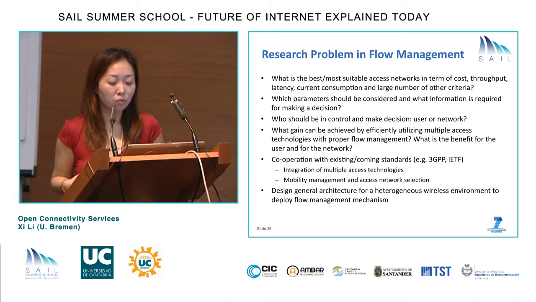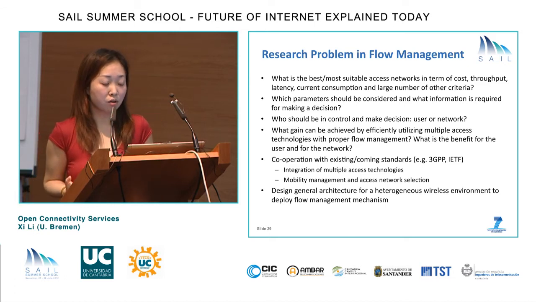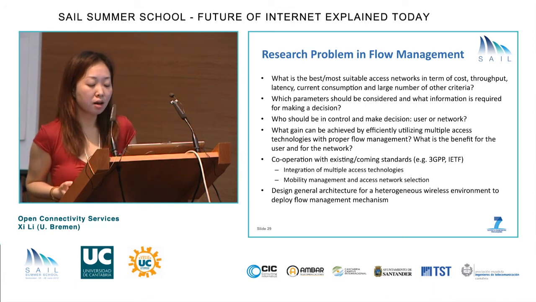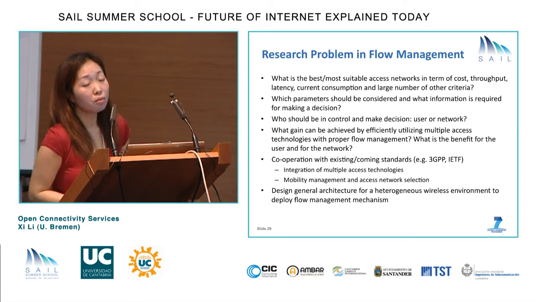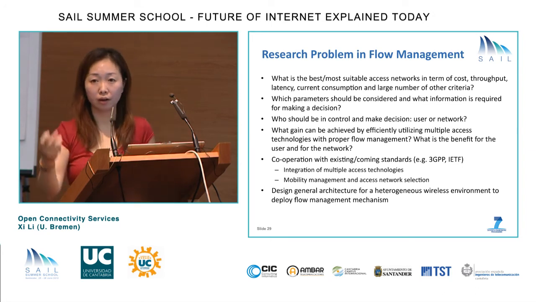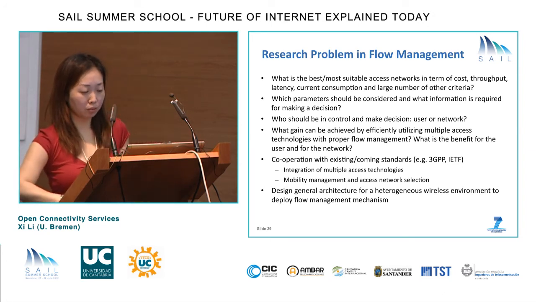And after all, we also require a general architecture for a heterogeneous wireless network environment in order to deploy the flow management mechanism. So these are all the problems you need to think about when designing the flow management approach.